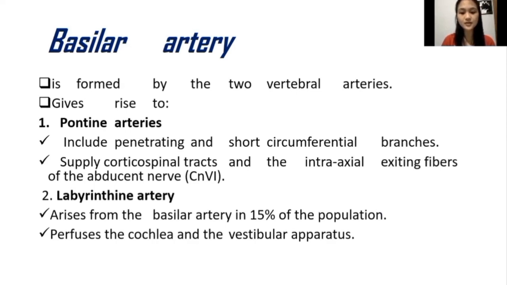While the labyrinthine artery, also known as the auditory artery or internal auditory artery, is a long and slender artery that arises from the basilar artery in 15% of the population. It perfuses the cochlea and the vestibular apparatus.